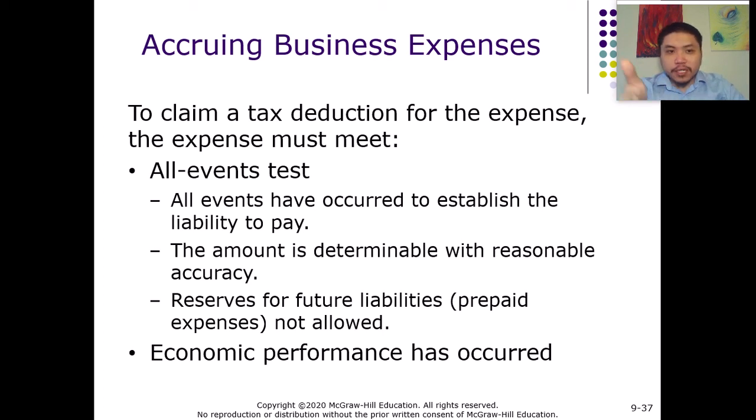Even if the expense meets the first test but doesn't meet the second test, then the taxpayer cannot claim that expense as a deduction, right? And the second test is consistent with the restriction on deducting prepaid expenses, right?